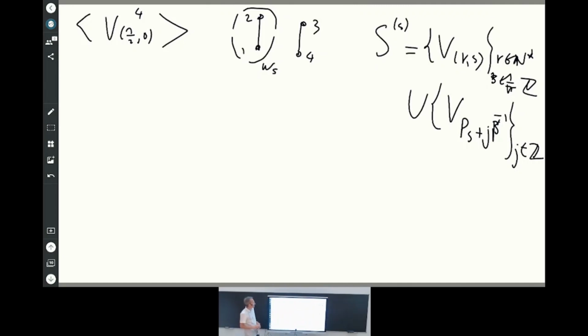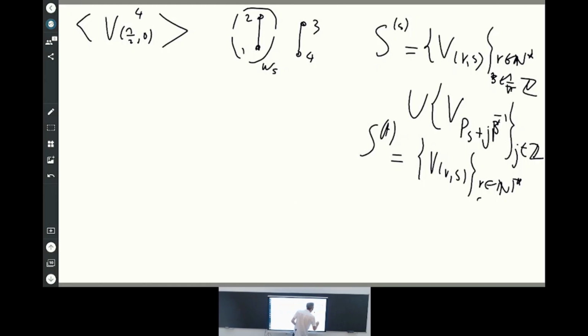Okay, and so the T channel spectrum, for example, will just be the set of V_RS. Okay, so we solve crossing symmetry with these spectrums here. And now if you do that, you find the following structure constants.